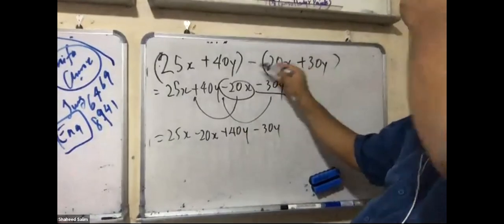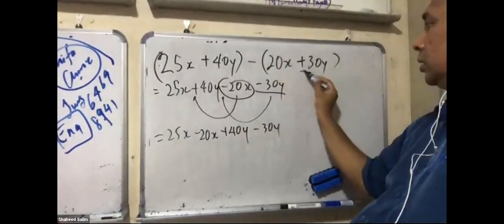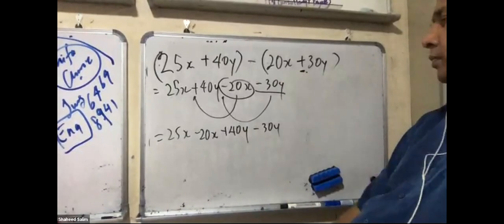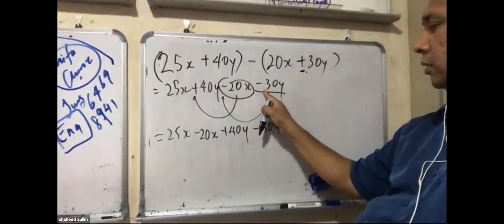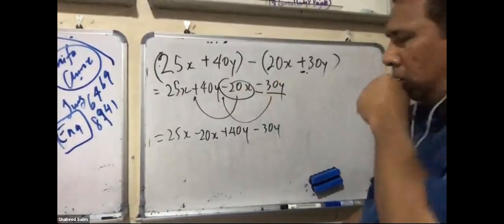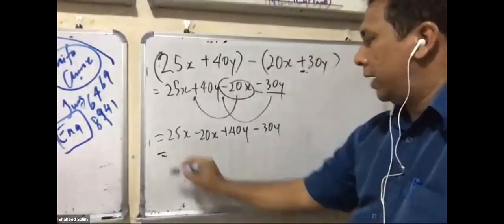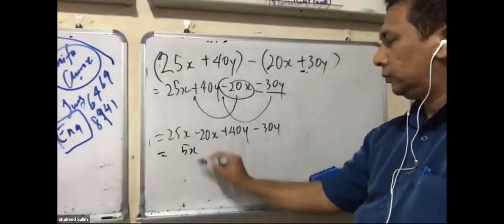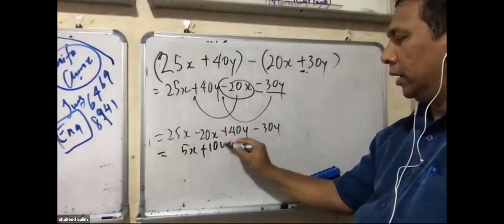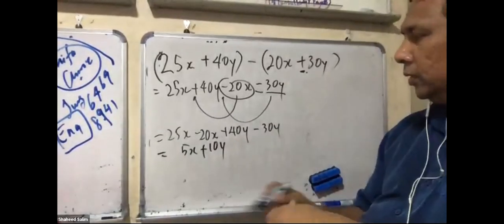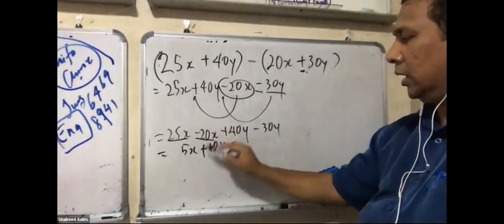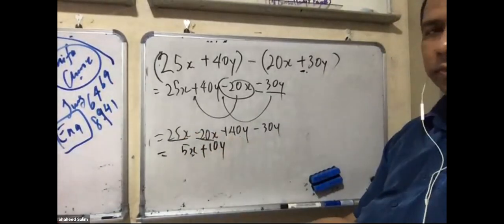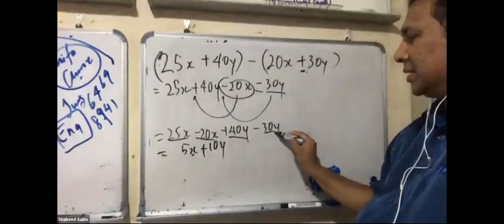When you remove, it becomes minus minus, not minus plus. So you will get 5x plus 10y. That is your profit. Because 25 minus 20 gets 5x, 40 minus 30 gets 10y.